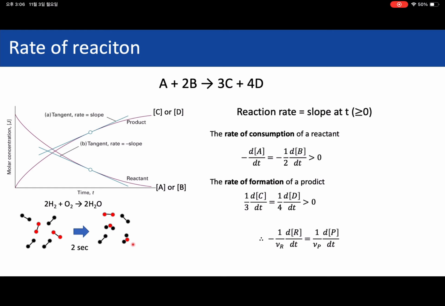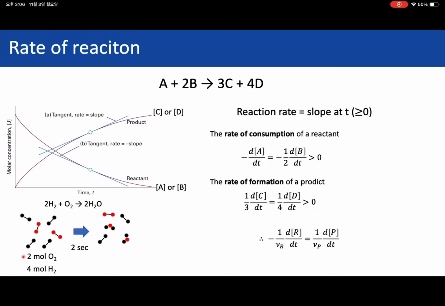Let's say this reaction occurs over 2 seconds. Of course, it doesn't. Maybe this would happen much faster than 2 seconds, but as I said, this is a hypothetical situation.